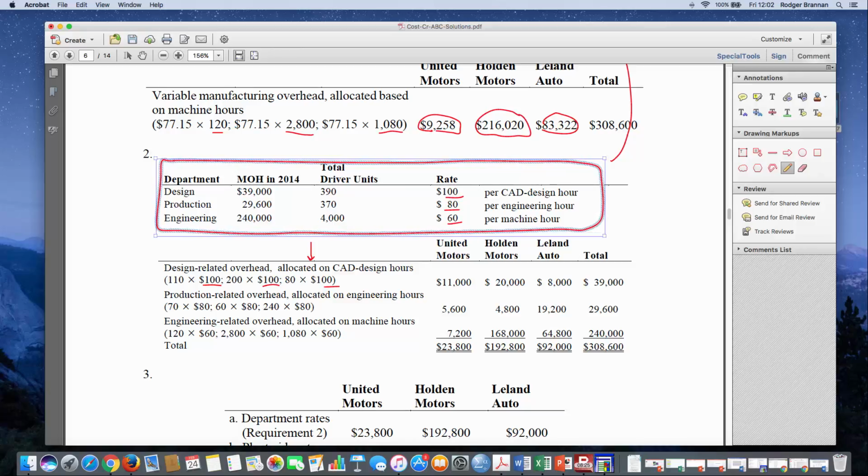So in this case, it's kind of nice because they're only looking at 3 overhead pools, and so it's relatively straightforward. Theoretically, I could have more, but that doesn't necessarily add more accuracy if the costs don't really fit in well. So the total overhead that I would apply to each of the products are these respective amounts: 23,800 to United, 192,800, and 92,000 over here.